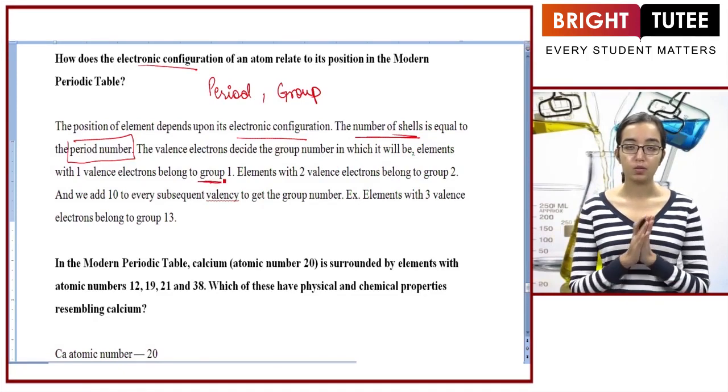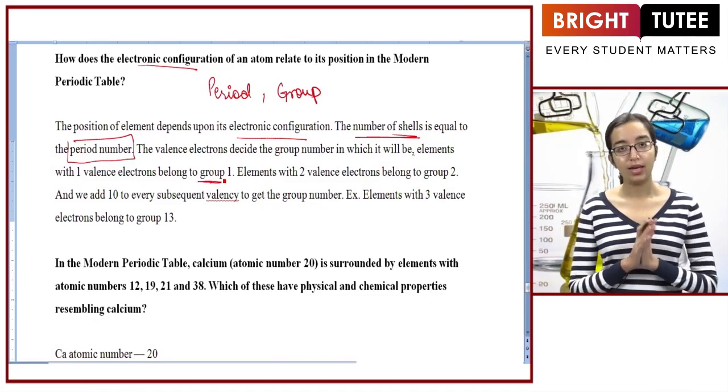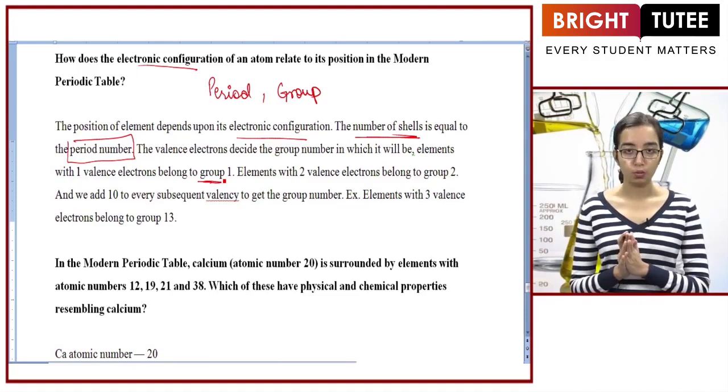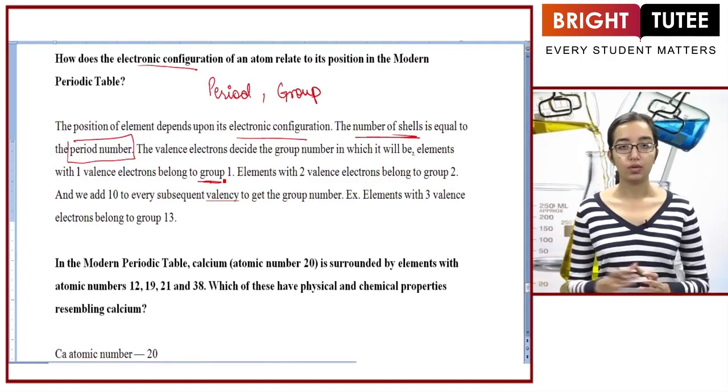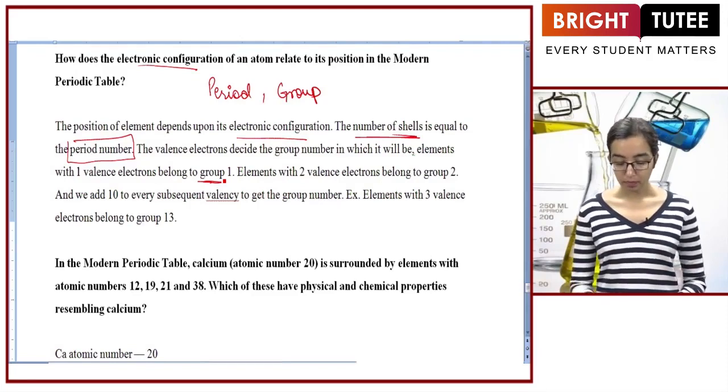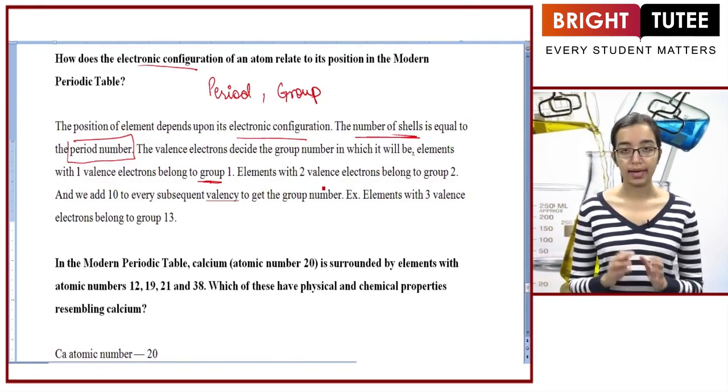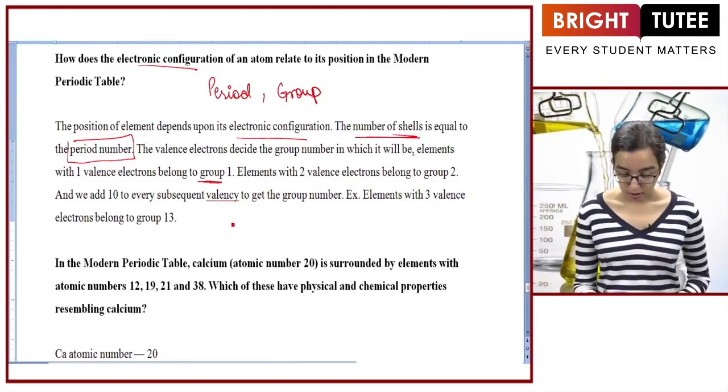So if an element has 1 electron, it will be in group 1. If it has 2 electrons, it will be in group 2. But for every subsequent group, we add 10. So that is how it works. So for our understanding, for elements in group 1 and 2, the number of valence electrons will be equal to the group number.